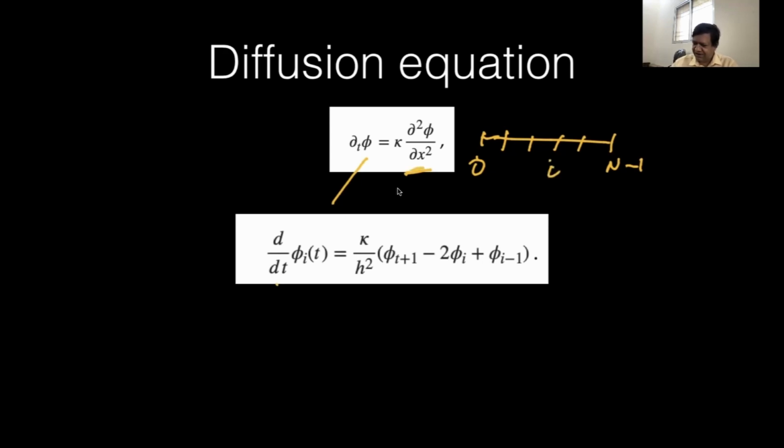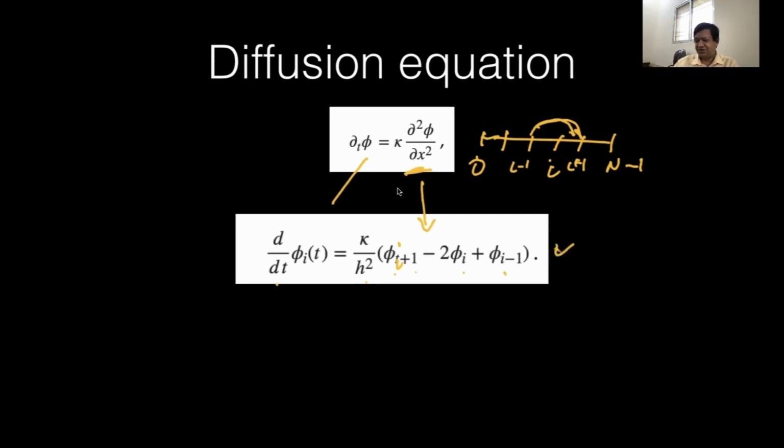The double derivative with x will involve 3 points: i minus 1, i, and i plus 1, which are real space points. So the double derivative is phi_{i+1} minus 2 phi_i plus phi_{i-1}, divided by h squared. This is the second derivative, and multiplied by kappa, the right hand side is also set.